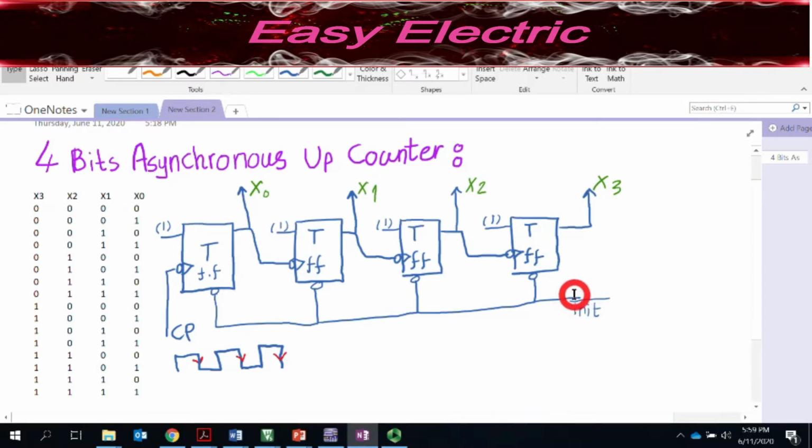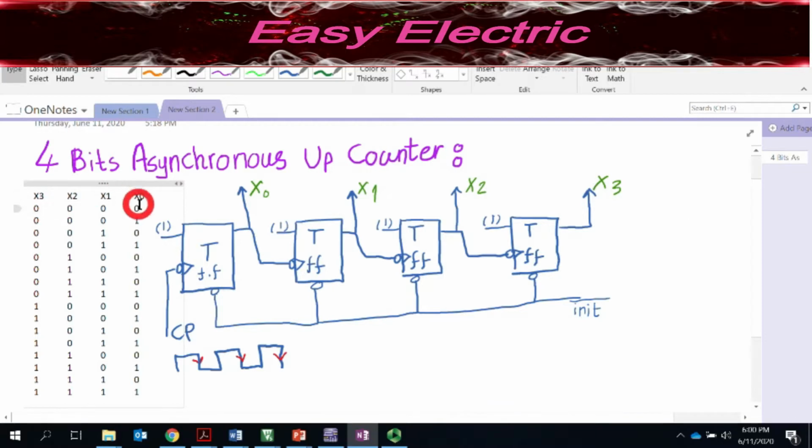So when I'm going to start my counter, I activate this initial input, which is connected to the clear, and you activate that with 0. That means you put the 0 inside these 4 flip-flops. That is what you should have with the up counter, right?